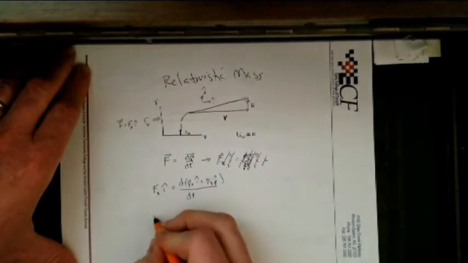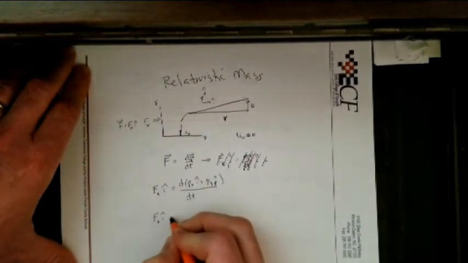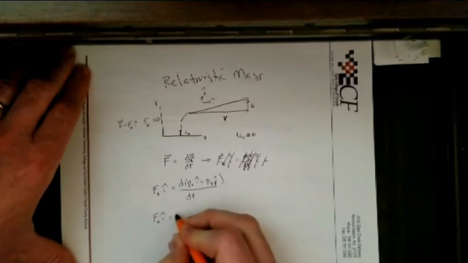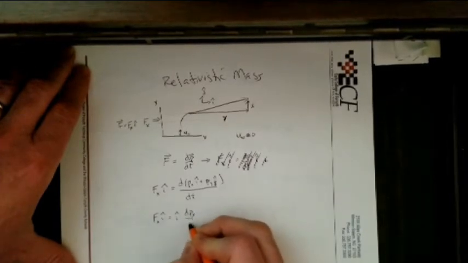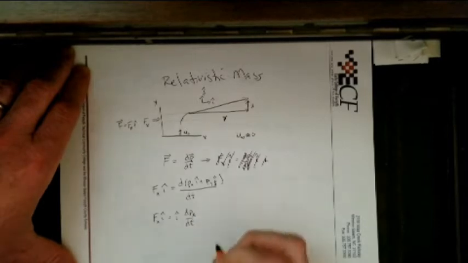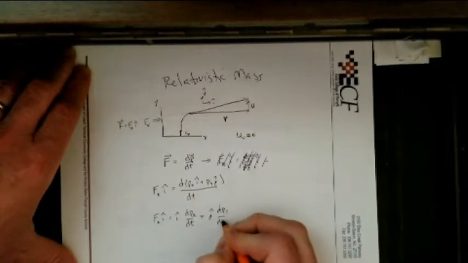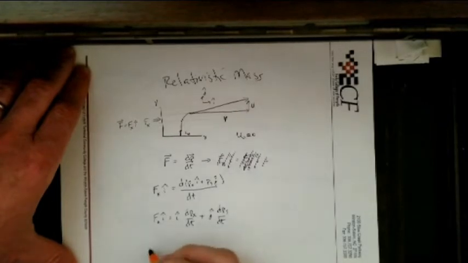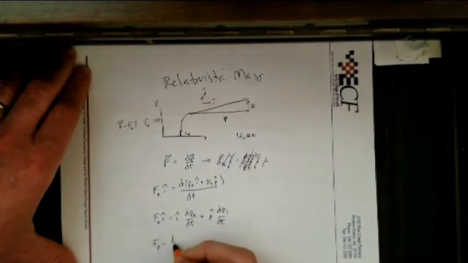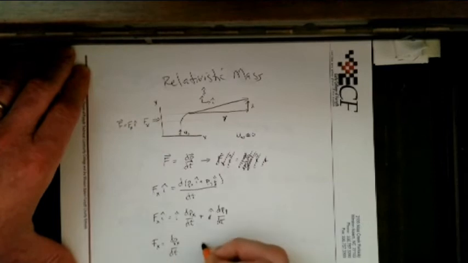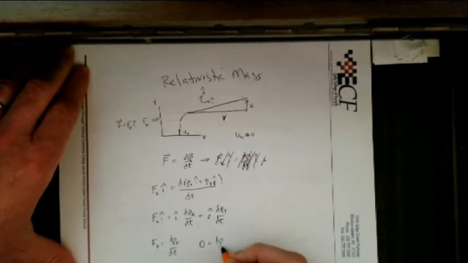So fx i hat equals dpx/dt in the i direction plus in the j direction dpy/dt. So fx is equal to dpx/dt, and 0 equals dpy/dt.